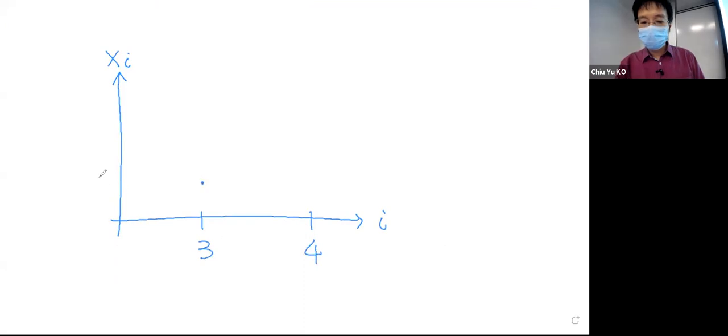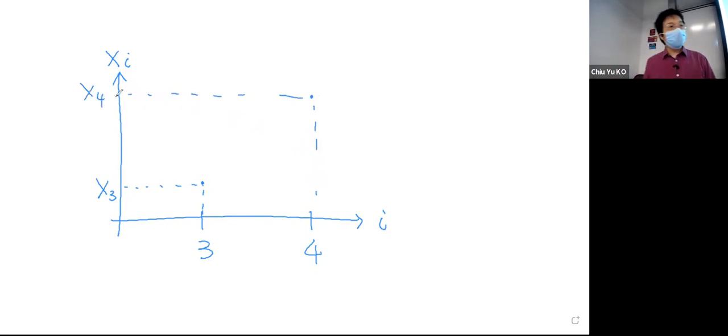So if this is x_3 here, and if this is x_4 here, what we have said is if we have 3.5, maybe I use another color.